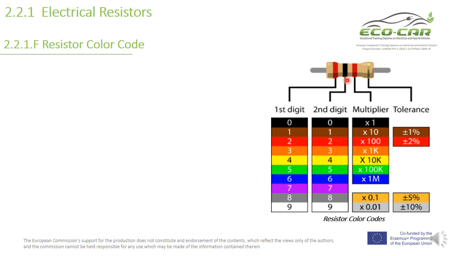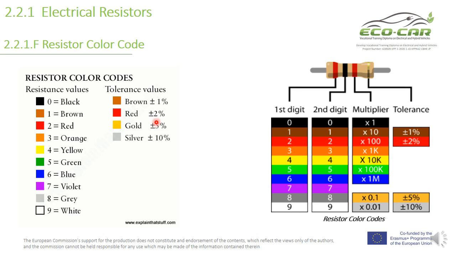The fourth color is the tolerance. So there is a tolerance in this value of resistance, maybe 1%, 2% for these two colors, maybe 5% if it is gold, or 10% if it is silver. So these are the color codes. If it is black, it means 0.